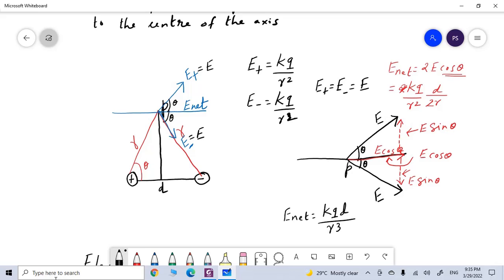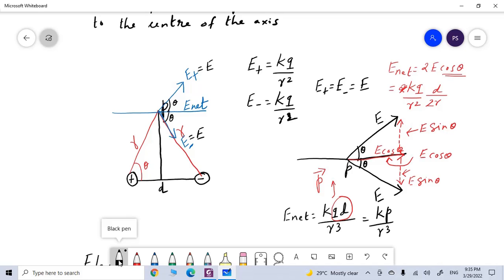We know already from the previous lecture or video, this QD is nothing but the electric dipole moment vector, which is P. So substituting the term P for QD, you get KP over R cube.